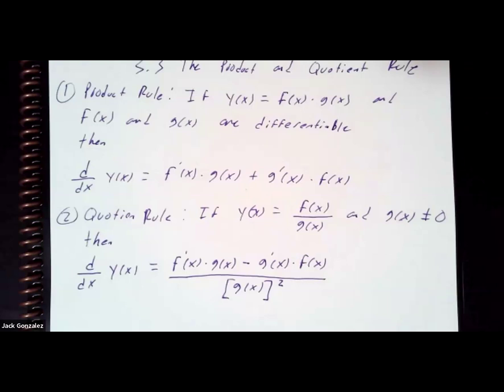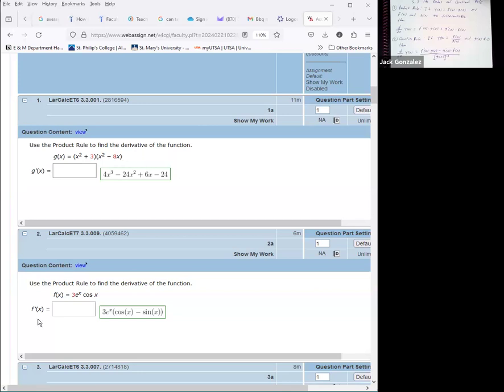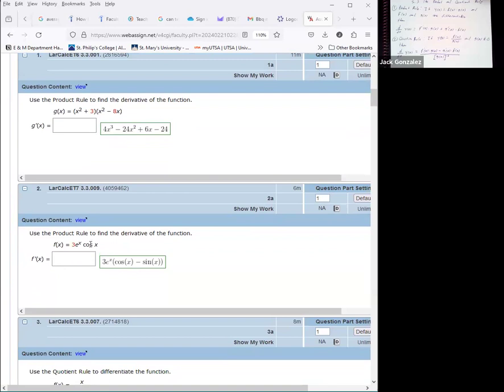Okay, so we're going to use these formulas. Number one, you can kind of see that I don't really need it, because you could multiply this out and then take the derivative of every single term. But eventually you get to weird functions like this, number two, where you can't get away from the product.